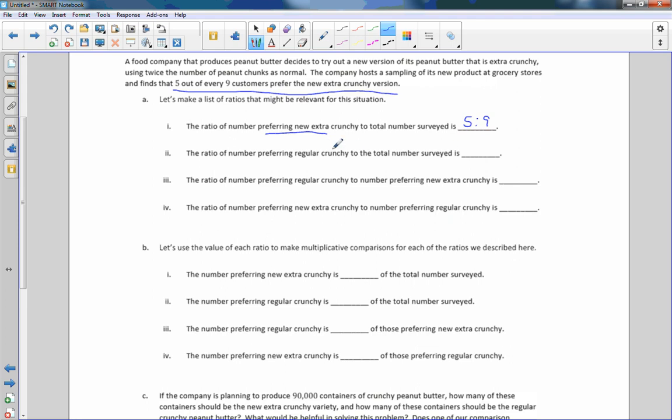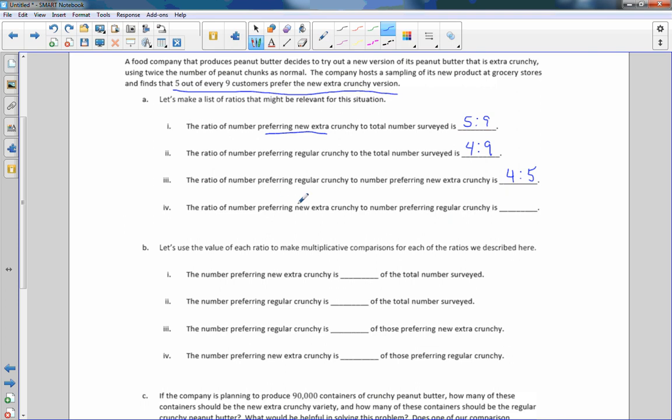The ratio of the number preferring the regular, well, if you didn't prefer the chunky and you wanted to go back to the regular, if you didn't prefer the new one, which was 5, then there's a total of 4 left over. 5 plus 4 is 9. So if 5 preferred the new, 4 did not. And then the ratio of the number preferring the regular to the number preferring the new extra chunky would be 4 to 5.